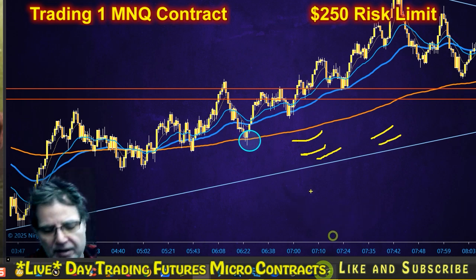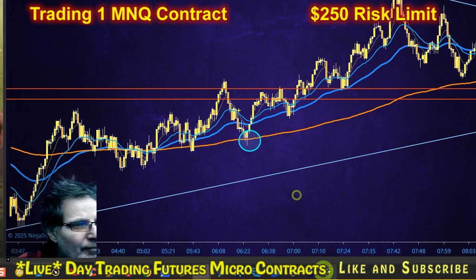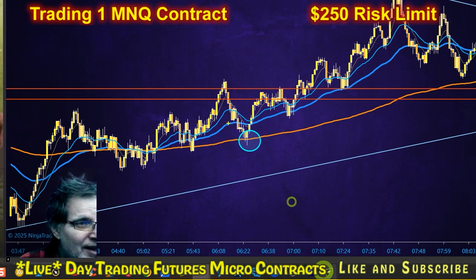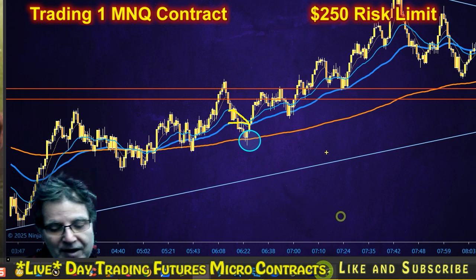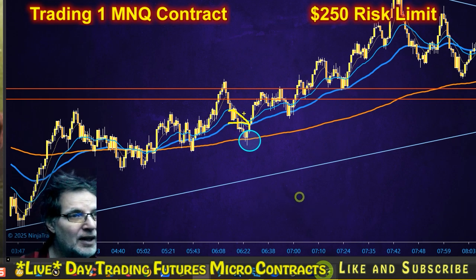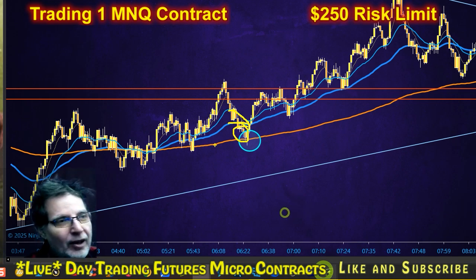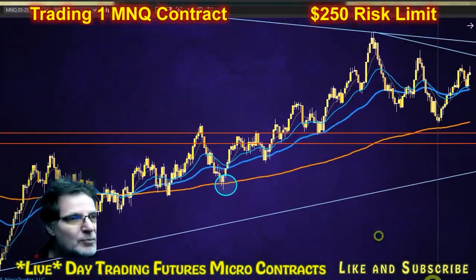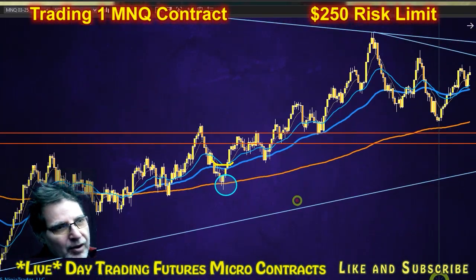I guess that would have been difficult, because you just have to use your discretion. Here we have the 50 coming down, here we have the 20 coming down, and that's the same thing I'm complaining about right now. It's underneath all 3 moving averages. But we're going to be using other elements to give us a better understanding, which is the fact that these moving averages are all still in the proper order above one another.